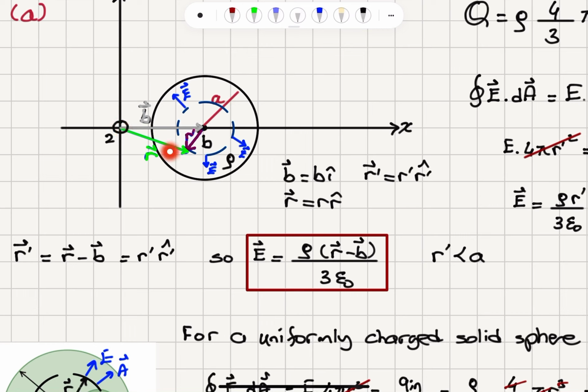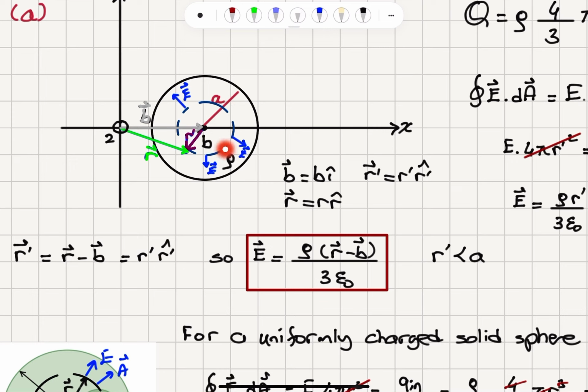And if I go to any other r vector here, so that the radial position vector in reference to the center of the sphere is r prime, and r prime is r minus b, or r is equal to r prime plus b. This is r prime in the r prime hat direction.